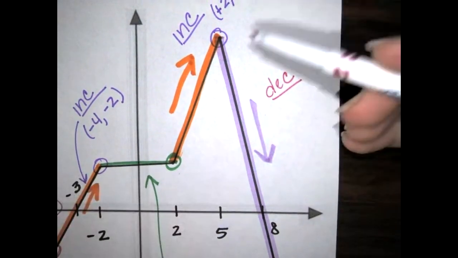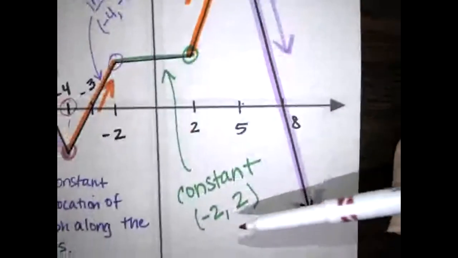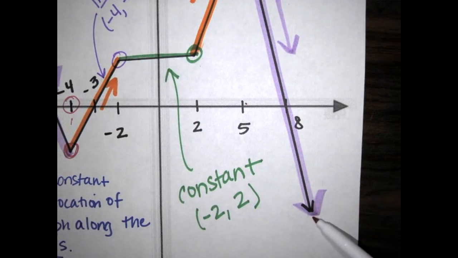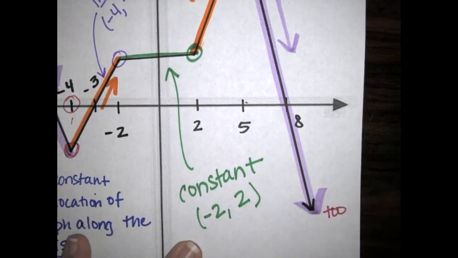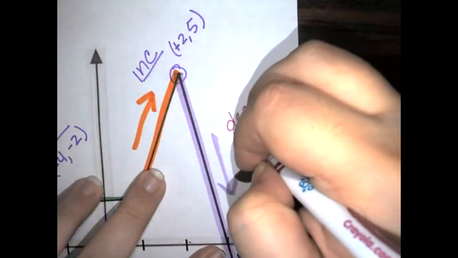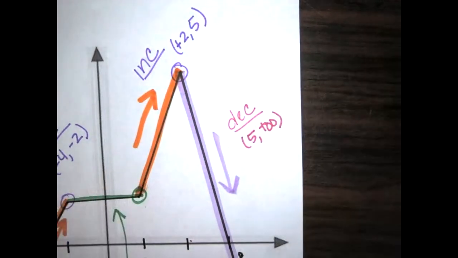I started decreasing here at 5, and I'm traveling on through my arrow, which is the positive infinity. So here my interval is going to go from 5 up through positive infinity.